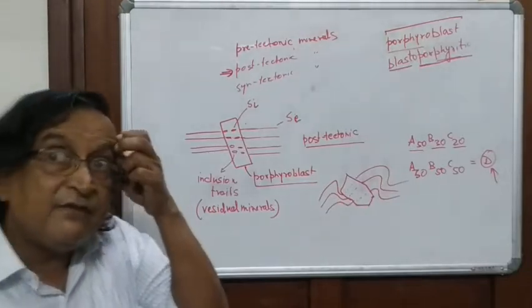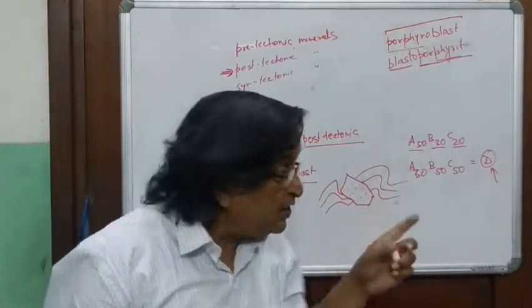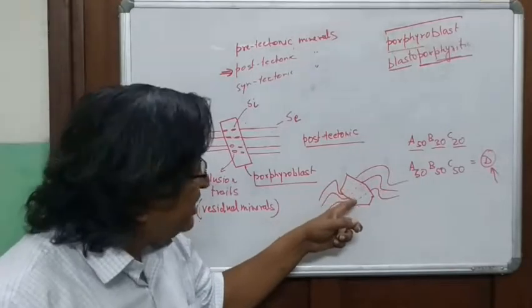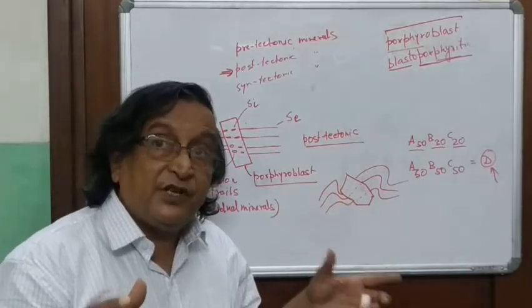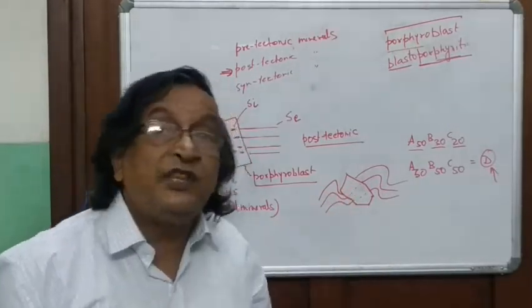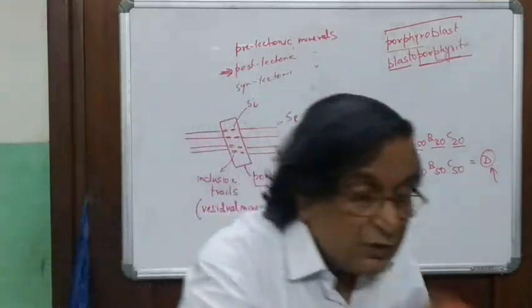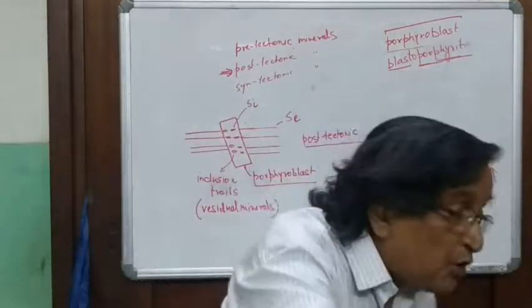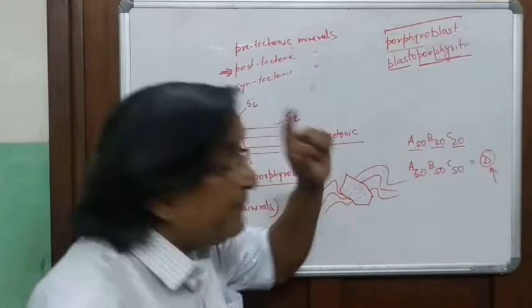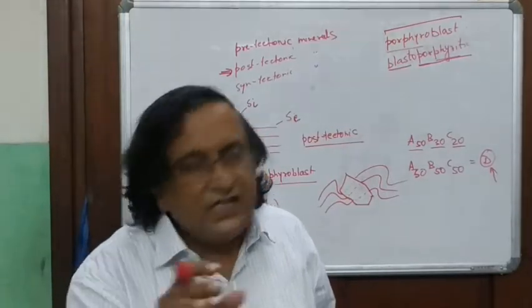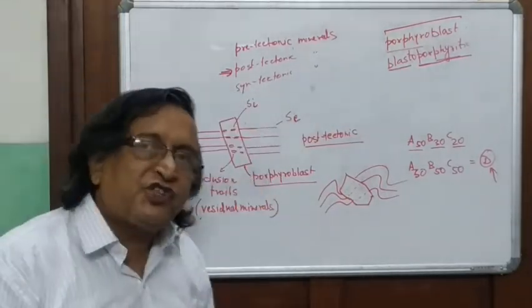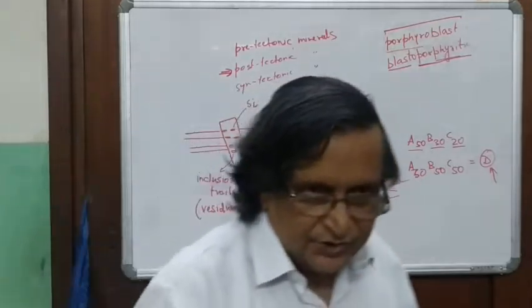This mineral, which is a porphyroblast, a rigid mineral, was not there before. It overgrew, it post-dated the folded fabric. So these are examples of post-tectonic growth of minerals.